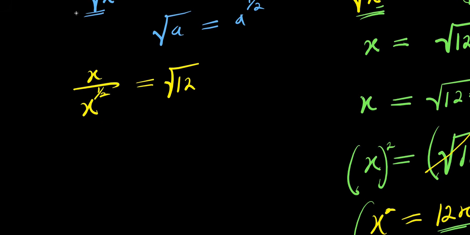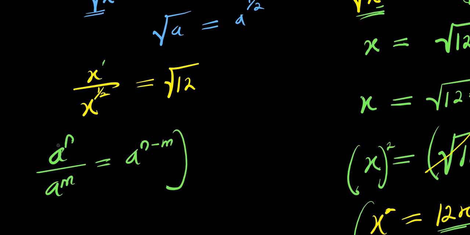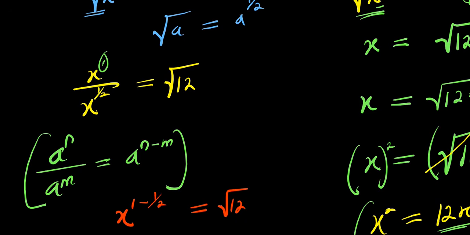Now, what I'm going to do again is, remember, this x is to the power of 1. So, if you have a power n divided by a power m, this equals a power n minus m, right? So, we are going to subtract the exponent. That means I'm going to have x power 1 minus 1 over 2. This equals square root of 12, right?